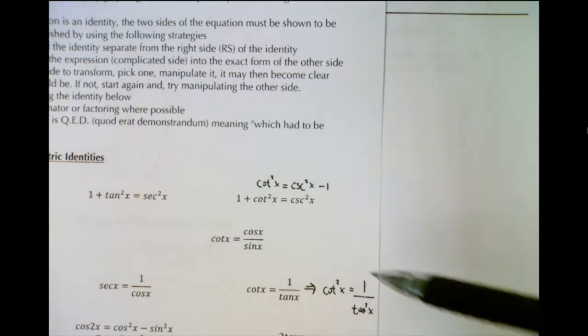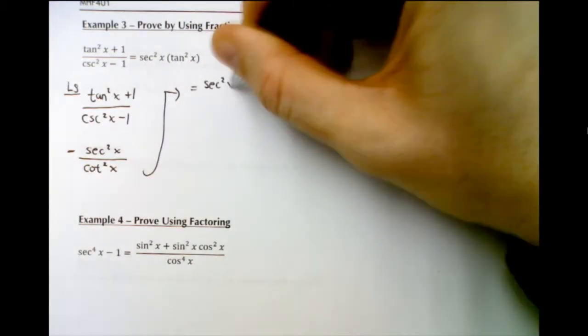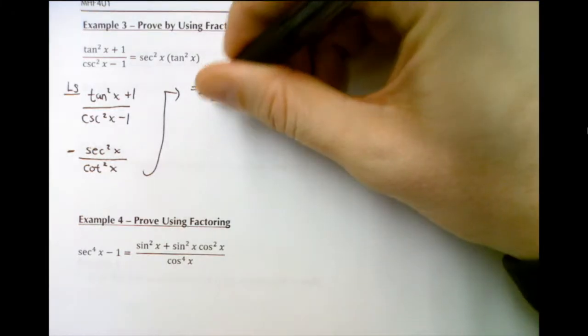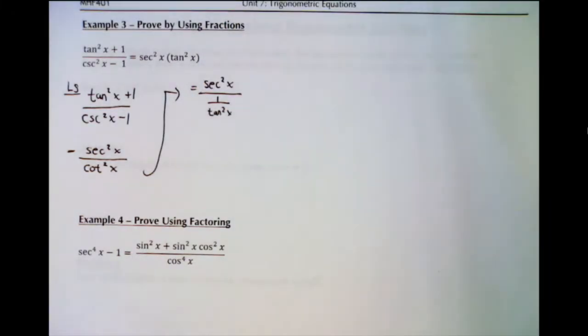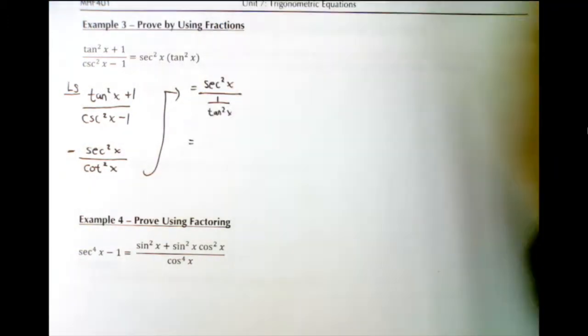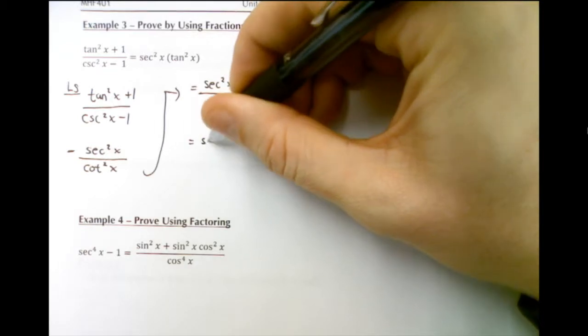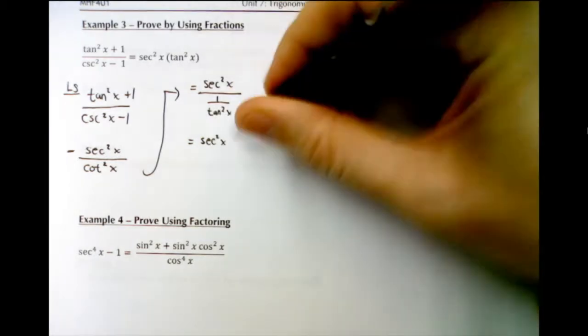So we have another identity that we can use here. We can replace that cotan squared x with 1 over tan squared x. How do you divide fractions? Well, you invert and multiply. So instead of secant squared x divided by 1 over tan squared x, flip this fraction and multiply it.